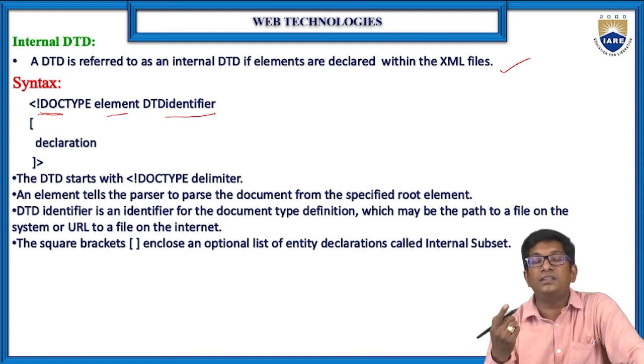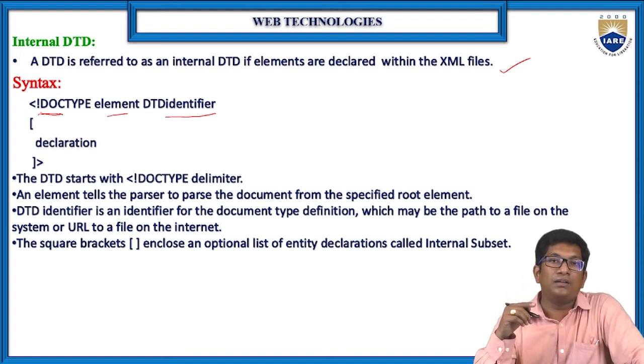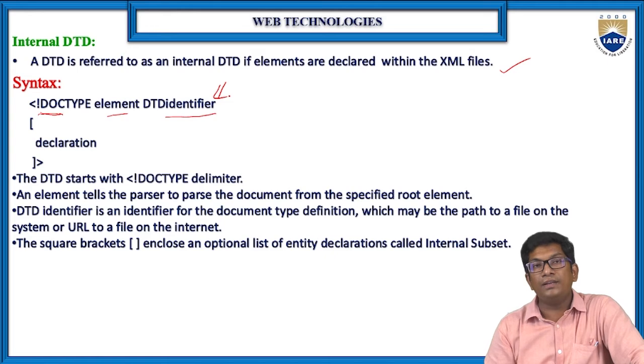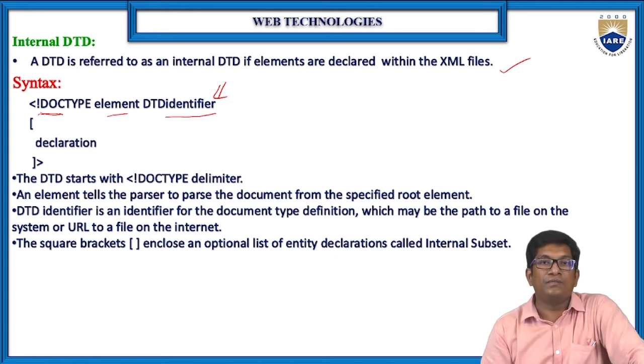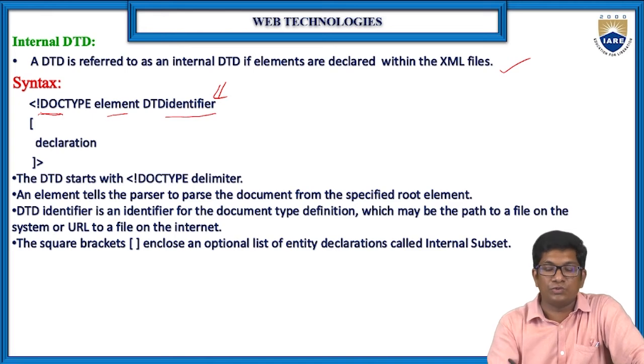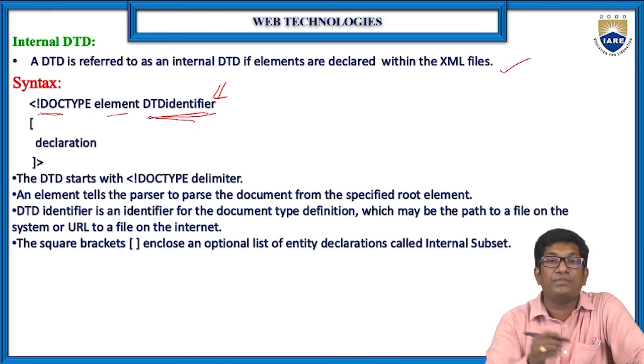Whether the DTD is in the same system or on the internet, you specify using the DTD identifier. For internal DTD, the DTD is in the same document, so there is no need of writing it. This one is optional.